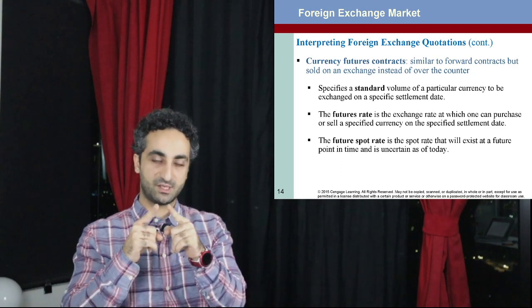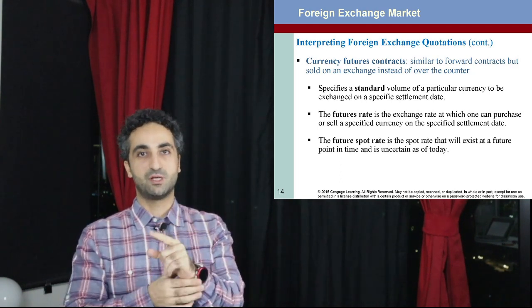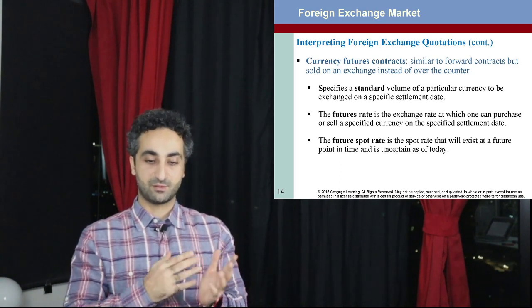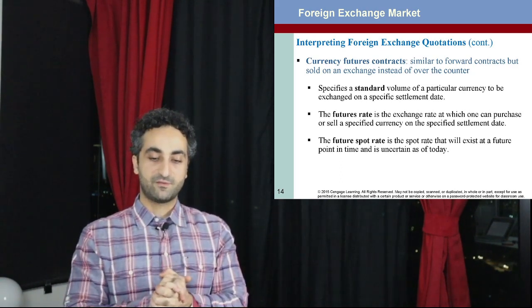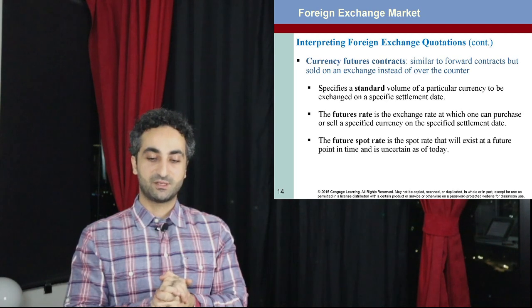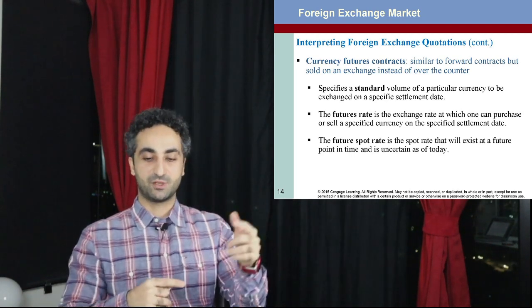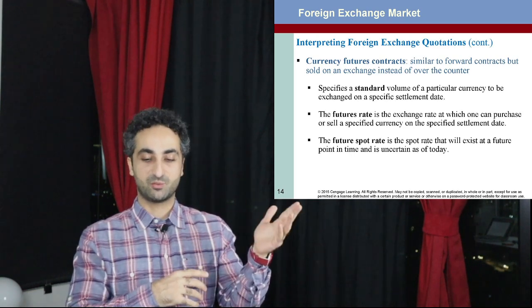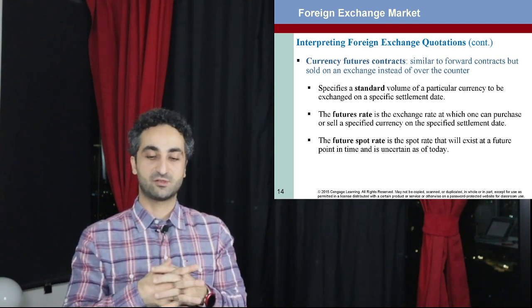It's what's in the contract, it's for you. The spot rate might be different at that time in the market. This is the future spot rate, okay? This is the rate that will exist at the future point, and it's uncertain as of today.